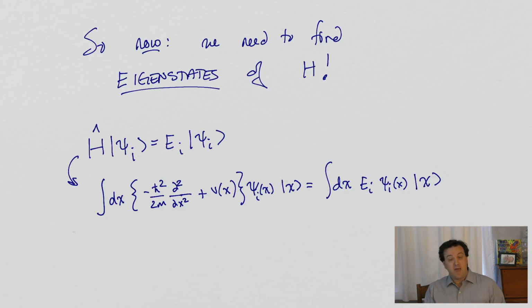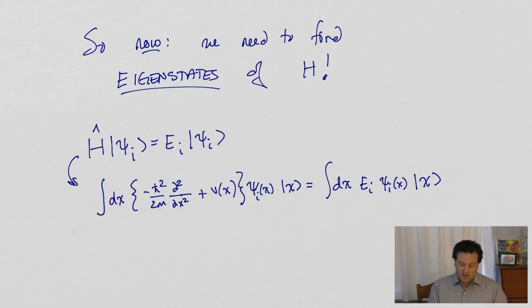So now that we have this, our goal is to say, if I have a particular Hamiltonian, a particular potential, can I use the position space wave function to find out whether or not there are discrete states of the energy? That is, can the Hamiltonian satisfy an eigenvalue equation, which of course means taking my Hamiltonian in position space, plugging it in, and then decomposing the state onto the eigenstates of the position operator so that I get the wave functions out.